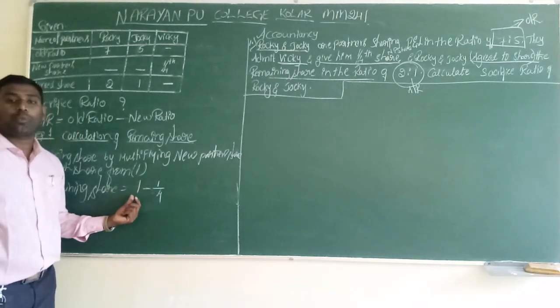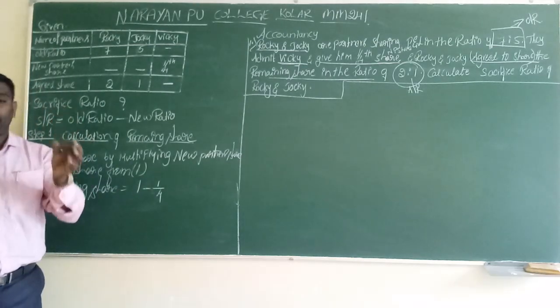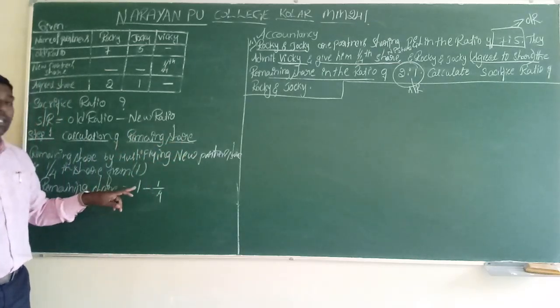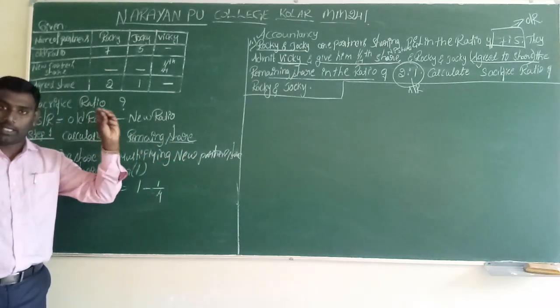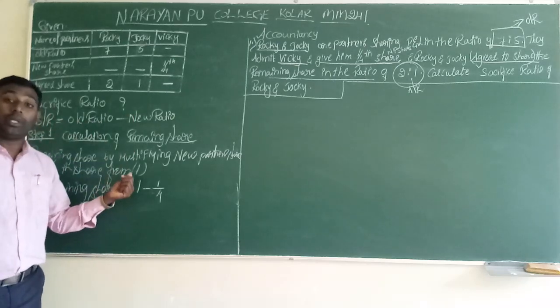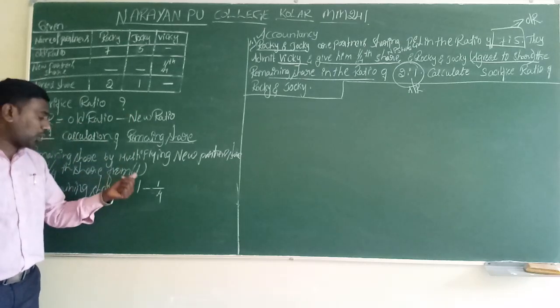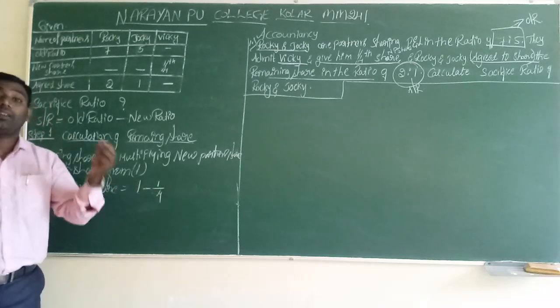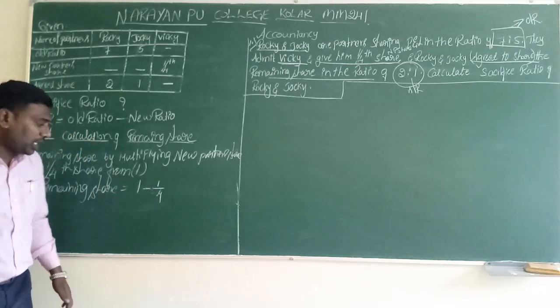This 1 should be considered as a common frequency to calculate the remaining share. The number 1 is not available in our question. We have to implement this as per the accounting rule. We should deduct 1 minus 1/4, then we get the remaining share.